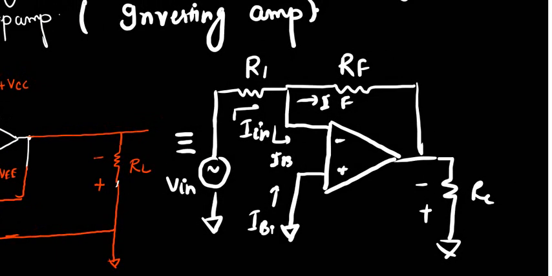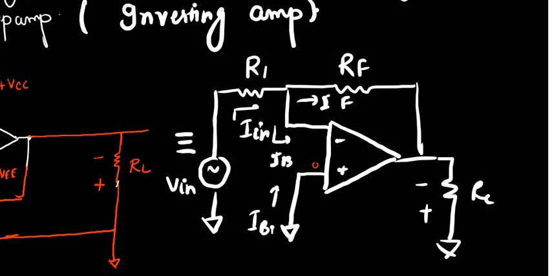What will it be, tell me? Here it is 0, so 0 will be here. Here you have V0. So the current which is flowing through it is V0 divided by RF. Current which is flowing here is almost 0, so you can think that it is connected.